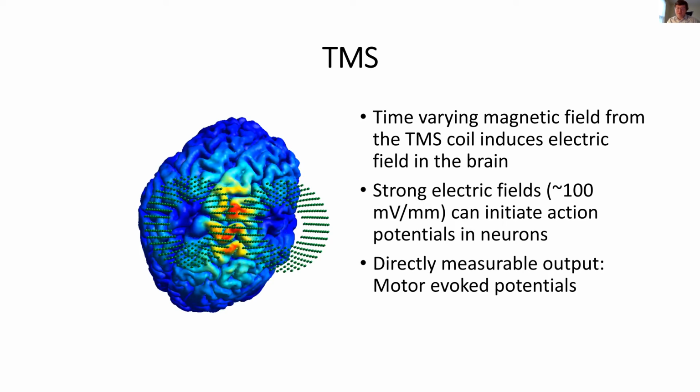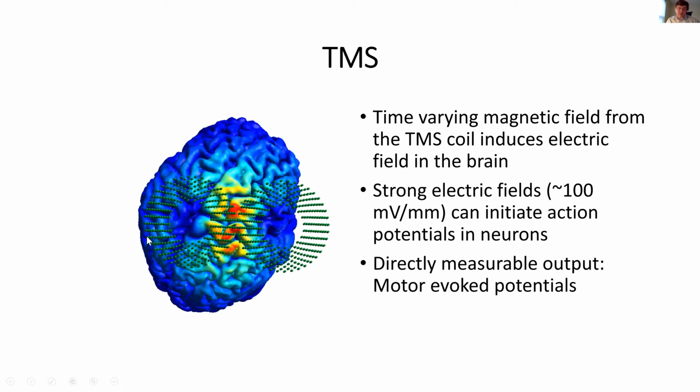So TMS, or transcranial magnetic stimulation, there we have a time-varying magnetic field that's being created through a magnetic coil that has some wire loops that you put somewhere over your head. The time-varying magnetic field induces an electric field in the brain underneath the TMS coil.